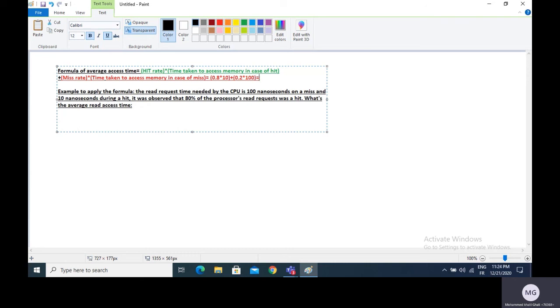So this results in 8 plus 20, which is equal to 28 nanoseconds. That's the average access time in this case.